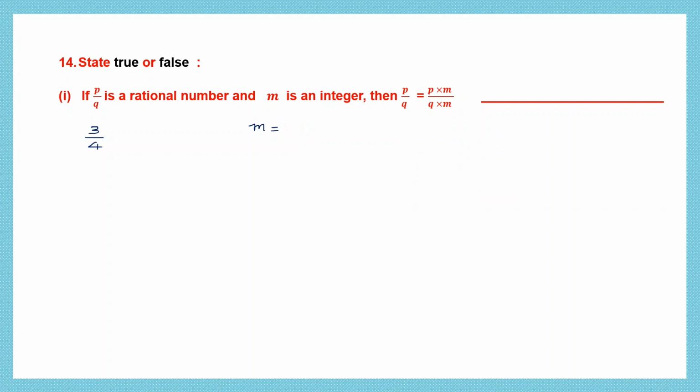This time let's say M is equal to minus 5, a negative integer. Then let's work this out. P by Q is 3 by 4. This is equal to P into M. P is 3 and M is minus 5. We have substituted for M. And Q is 4 and M is minus 5. So 3 into minus 5 by 4 into minus 5.